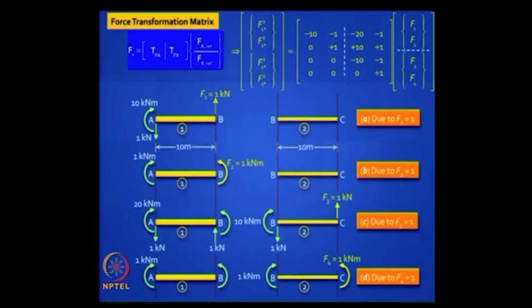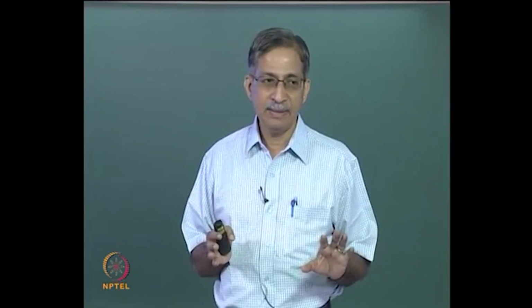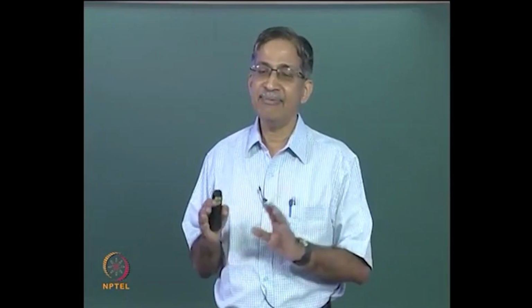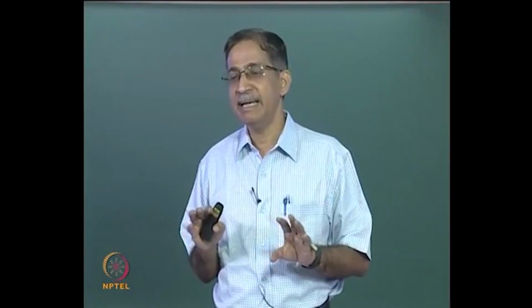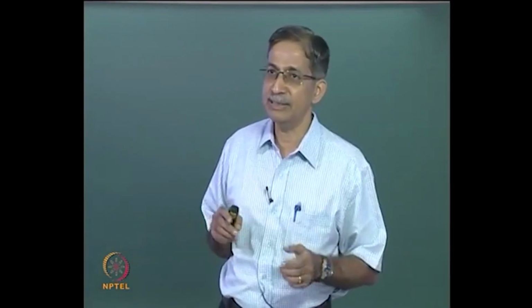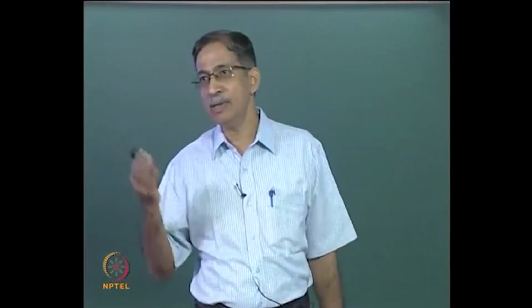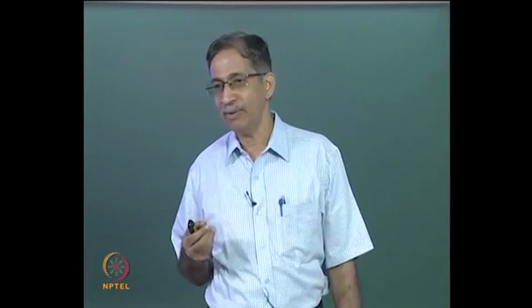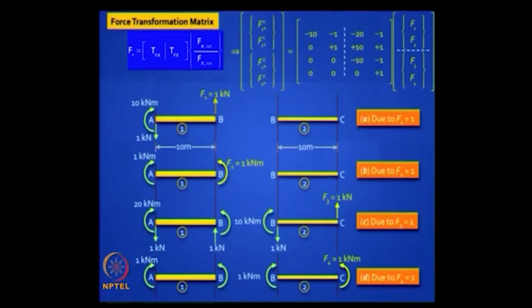So you are comfortable with the TF matrix. We have partitioned it because F1 and F2 correspond to the active degrees of freedom, active coordinates, and F3 and F4 correspond to the redundant coordinates. So we put a subscript A and X, A for active, X for redundant. Is it clear? So you have got this matrix, and if someone were to give you F1, F2, F3, F4 or the net values, just plug it in and you will get all the end moments.